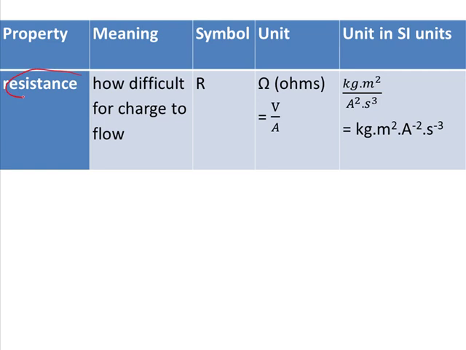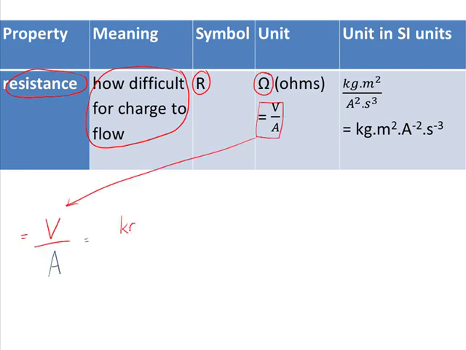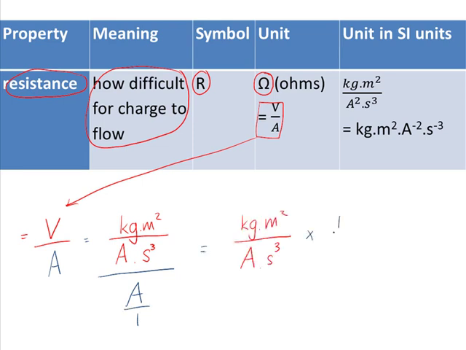Resistance means how difficult it is for charge to flow. The symbol is a capital R, and the unit is the ohm. An ohm is a volt per amp. Now remember that a volt is a kilogram meter squared per amp per second cubed, and we divide all that by an amp. So we've got a fraction divided by another fraction, amp over 1.